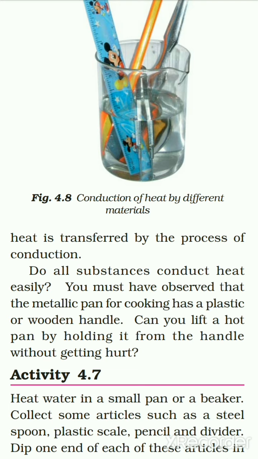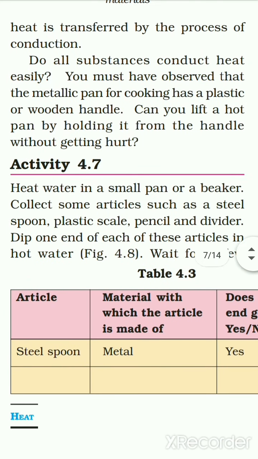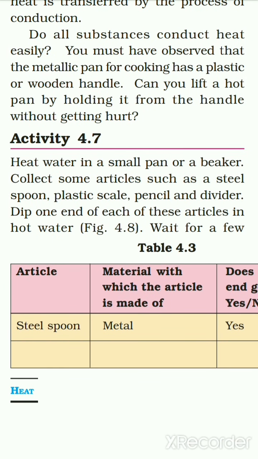Now we read activity 4.7. Student, heat water in a small pan or a beaker. Collect some articles such as a steel spoon, plastic scale, pencil, divider, etc. So many articles you collect and make a table. Make the table in your fair notebook.